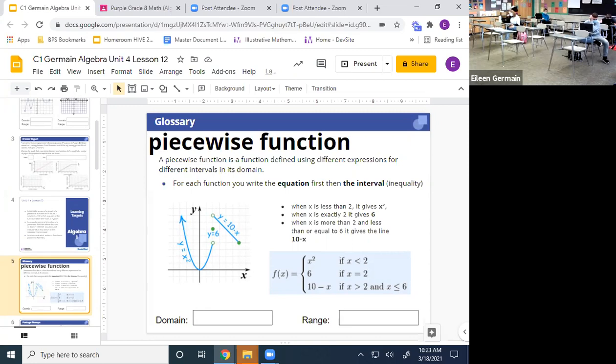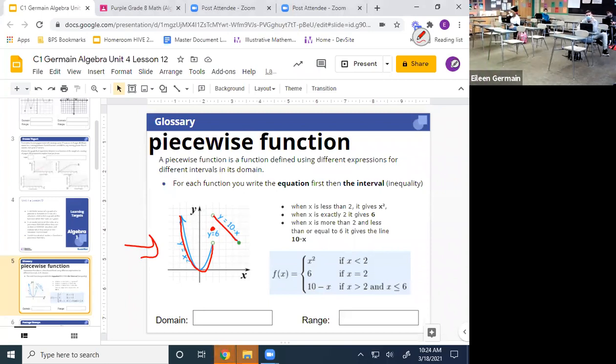So we have different segments of our graph for different x values, domain values, okay? If we look at this example that we have here, we have 3 separate segments: 1, 2, and 3. When x is less than 2, it gives x squared.